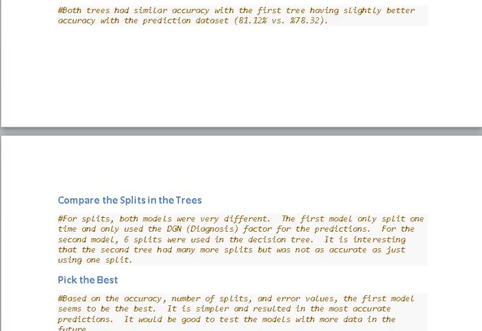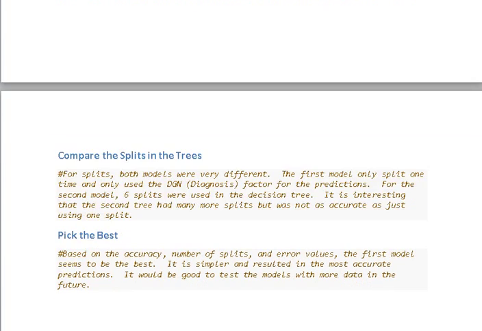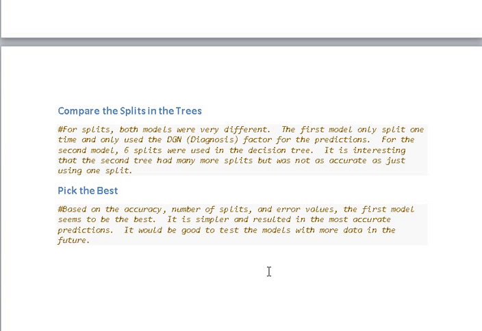That's sort of interesting because the first model is actually more accurate using only 1 split. You would intuitively think that 6 splits would give you more accuracy in the prediction. So picking the best, since the first one had a lower number of splits and higher accuracy, so lower error, the first model seems to me to be the best.